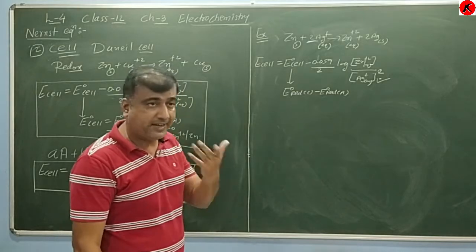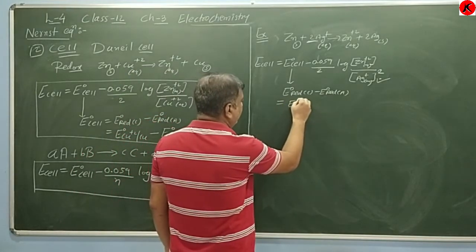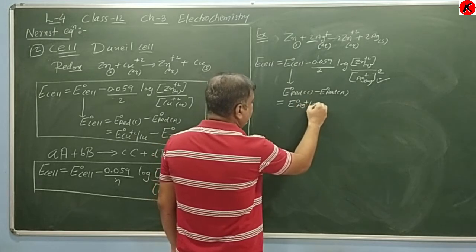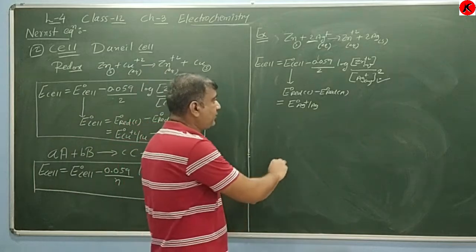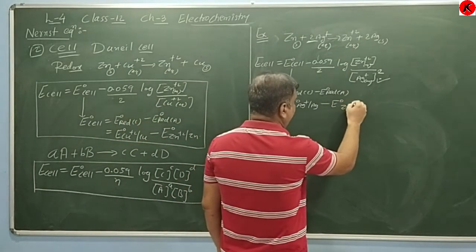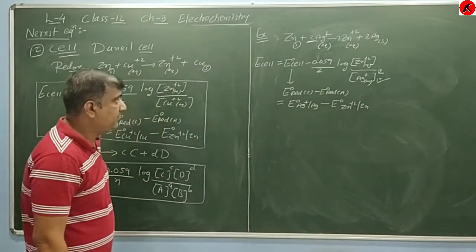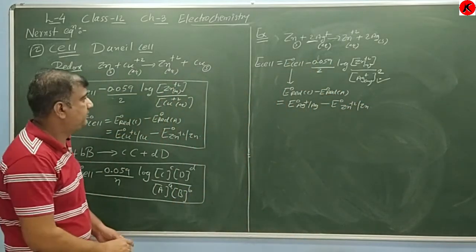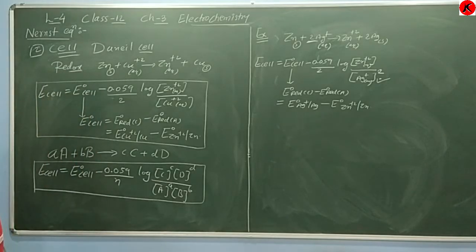Obviously Ag acts as the cathode, that is Ag+ to Ag. That means standard reduction potential of cathode minus standard reduction potential of anode. So in this way we can write the Nernst equation for the complete cell.